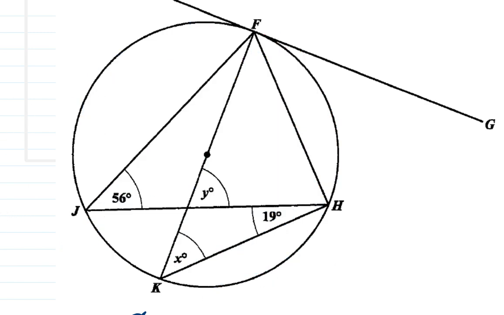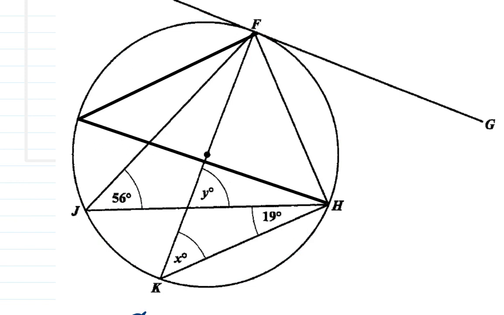Now here, if you draw this angle here, it would be equal to this and would be equal to this. If you draw this angle that lies on the same chord FH, right, all of these angles would be equal.